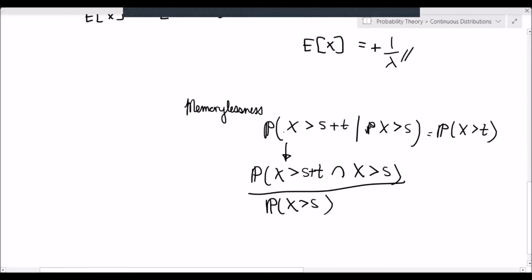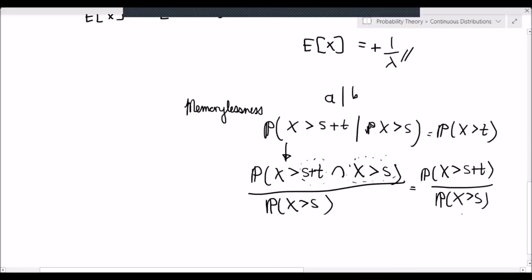We can do this by Bayes rule, because we have A given B, so it's A intersect B over the probability of B. And this intersection is, if you've already been waiting for longer than s plus t, you've already been waiting longer than s. So this simplifies to the probability that x is greater than s plus t, conditional on the probability that x is greater than s.